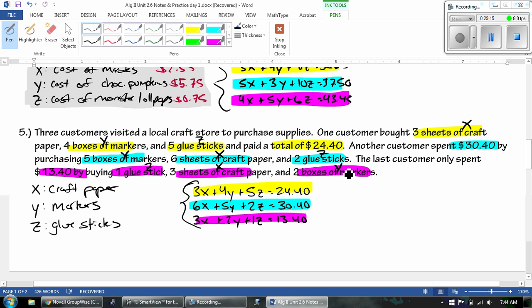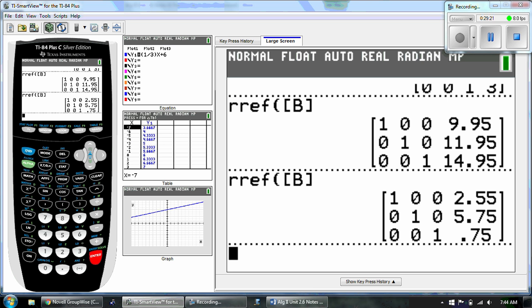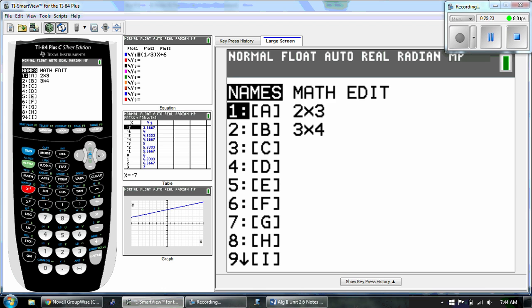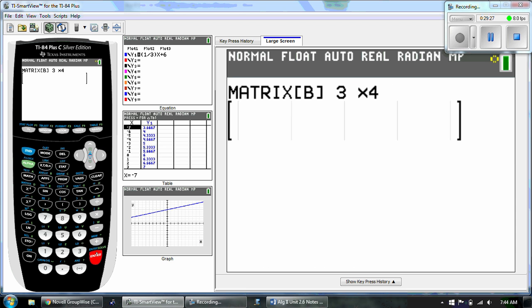So make sure you're reading those and setting them up correctly, okay? So go ahead and edit your matrix and run the program and see what you guys get, okay? Pause the video, good luck.